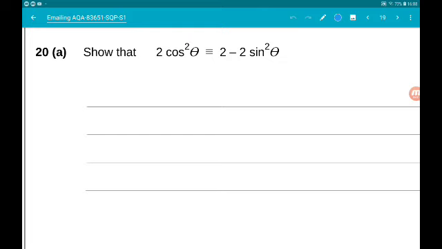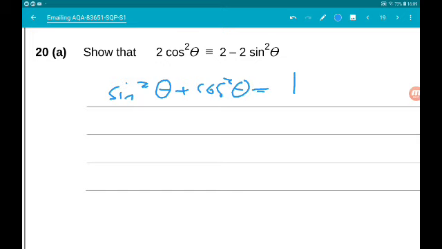Okay, question 20, the grand finale, thank God. So we want to show that 2 cos squared theta is 2 minus 2 sine squared theta. Okay, so we're going to use one of our trig identities here. Sine squared theta plus cos squared theta is equal to 1.